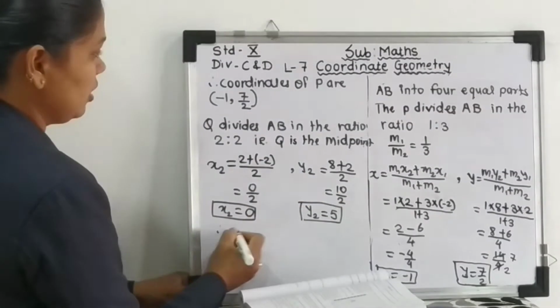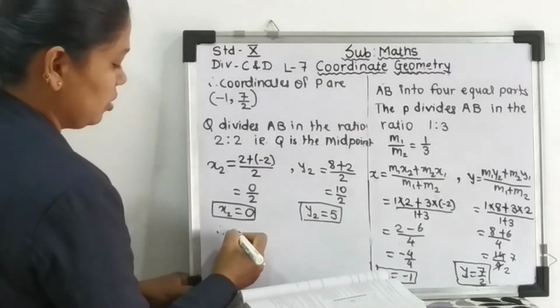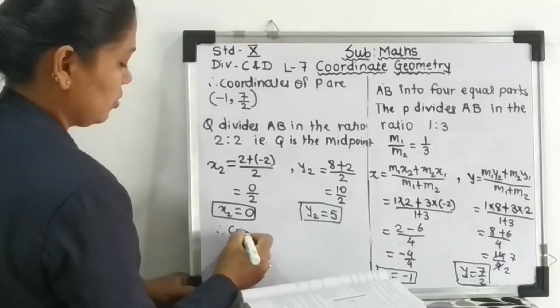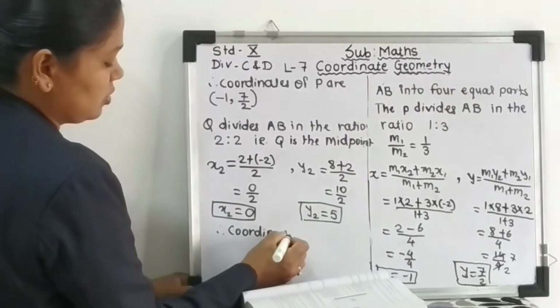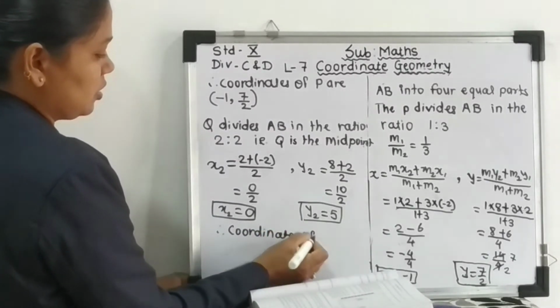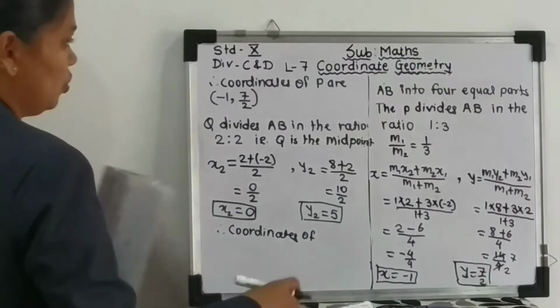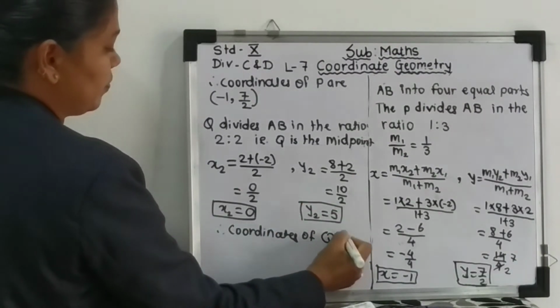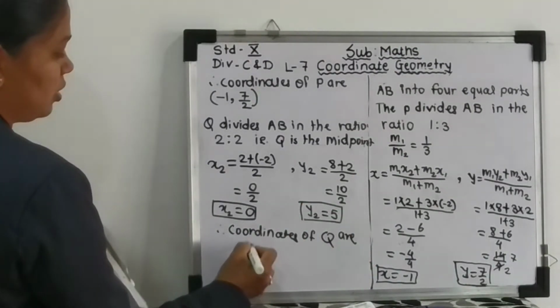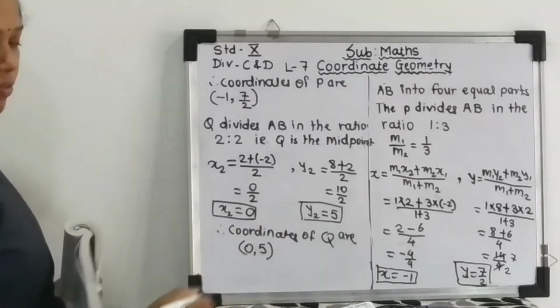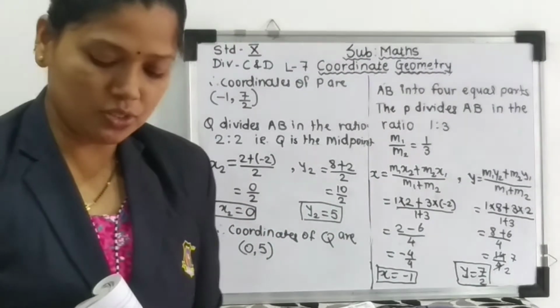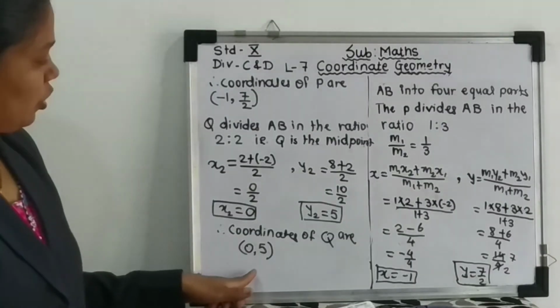So therefore the coordinates of Q are 0 and 5. Right? Understood this one? So we got the Q coordinate.